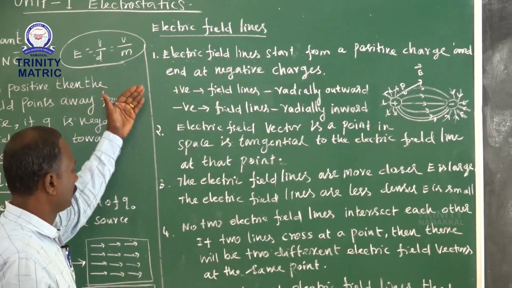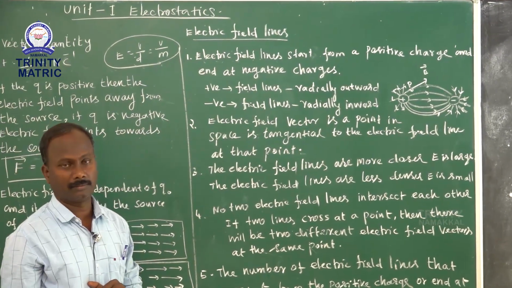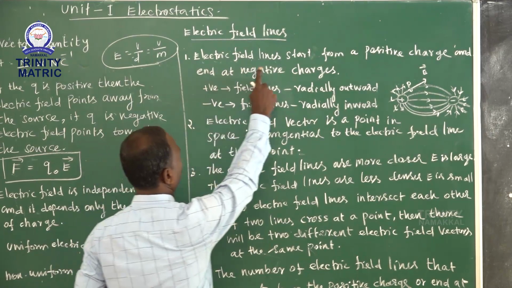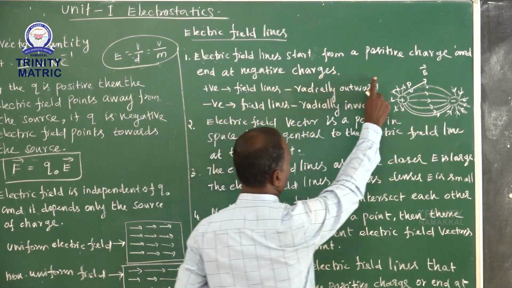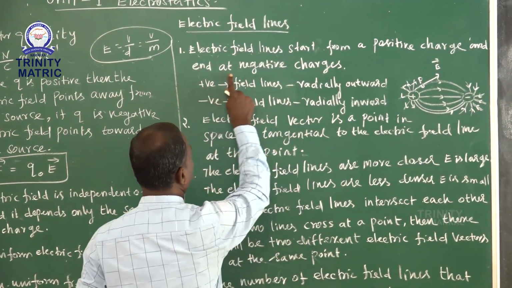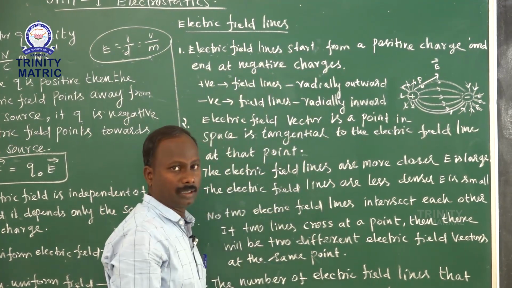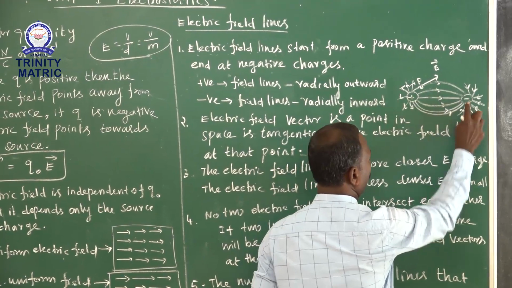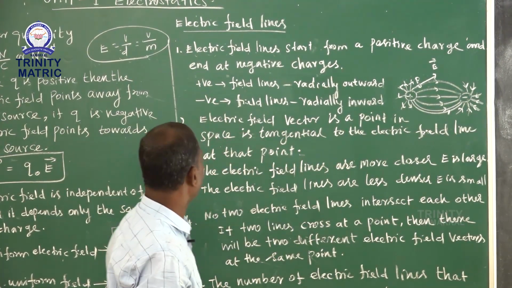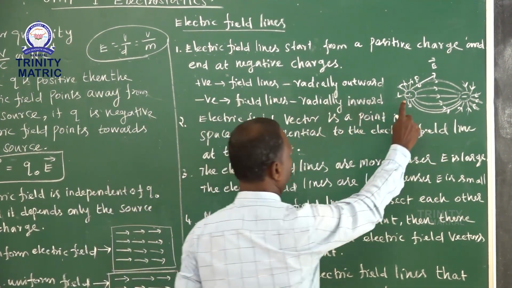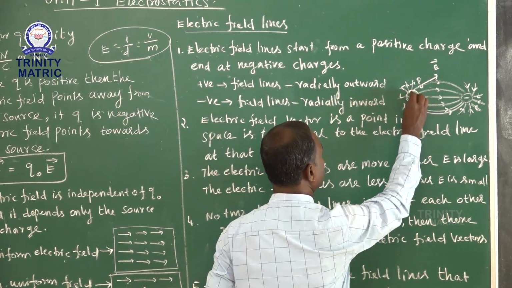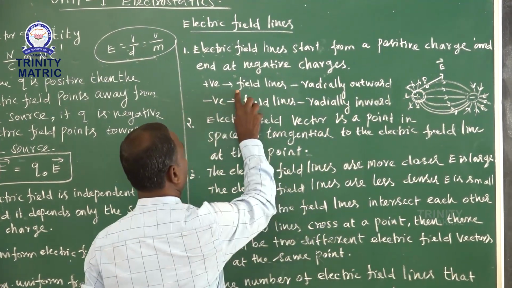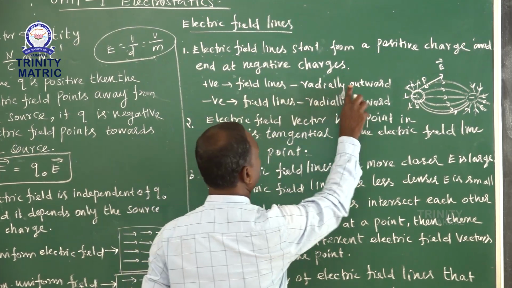Now we see the properties of electric field lines. First, the electric field line starts from the positive charge and ends at the negative charge. When the charge is positive, the field lines go radially outwards.